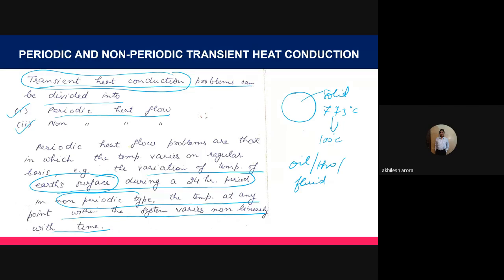What actually happens is initially the drop in temperature is large, but as the temperature of the body approaches the temperature of the fluid, then its drop in temperature reduces. So that is why we call it a non-linear drop in temperature with respect to time.